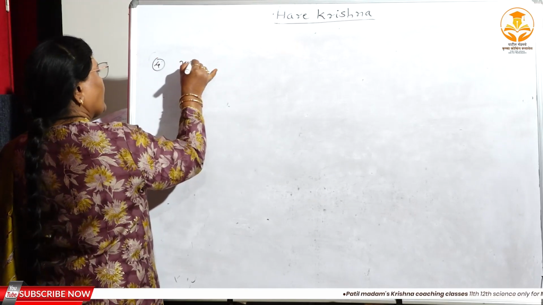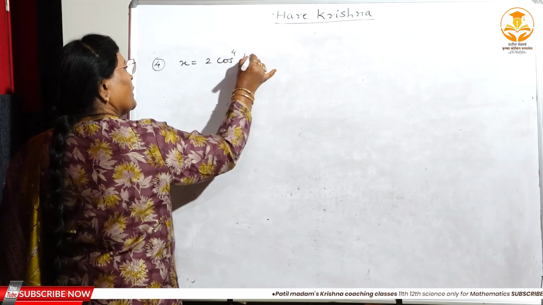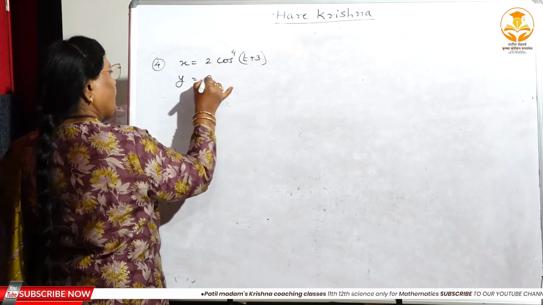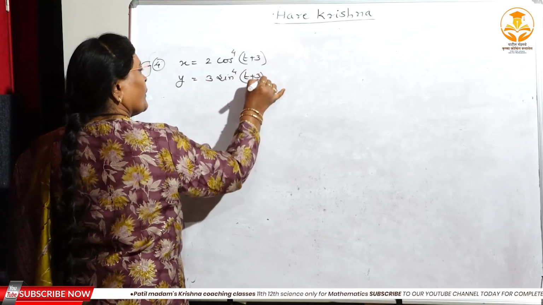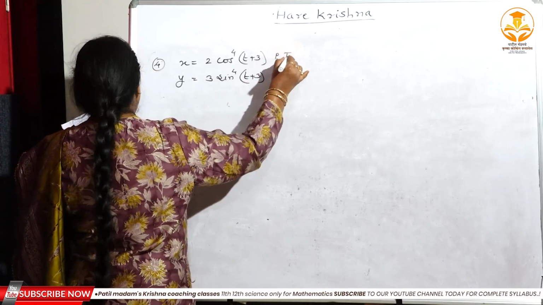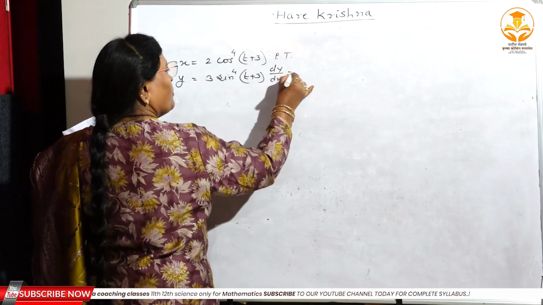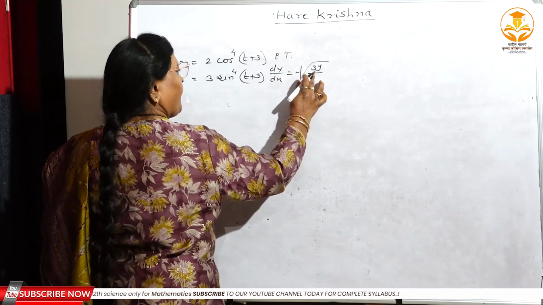See. x is equal to 2 cos raised to power 4 t plus 3, y is equal to 3 sin raised to power 4 t plus 3. Show that, prove that dy by dx is equal to minus root of 3y divided by 2x.